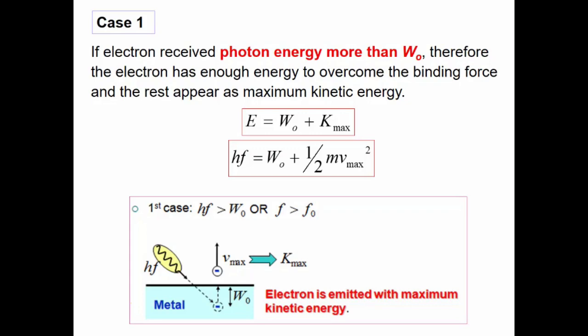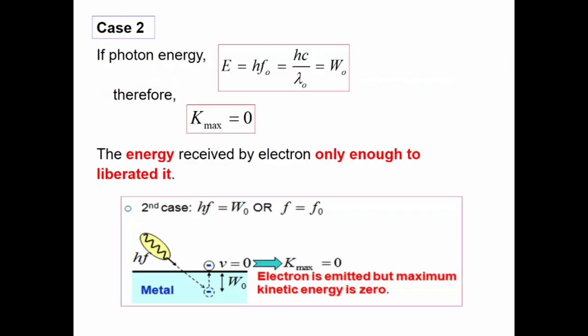From Einstein photoelectric equation, E equals W0 plus K maximum. This case is possible since the energy of the photon, which is hf, is greater than the work function, W0. Or we can also see this situation when the frequency is greater than the threshold frequency.